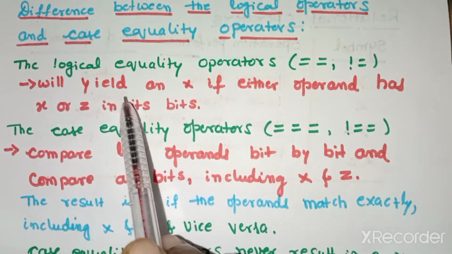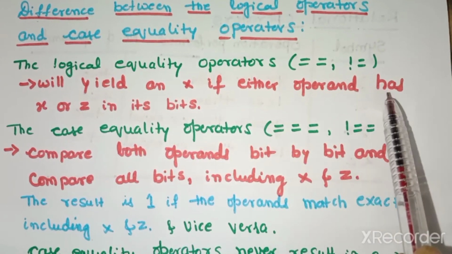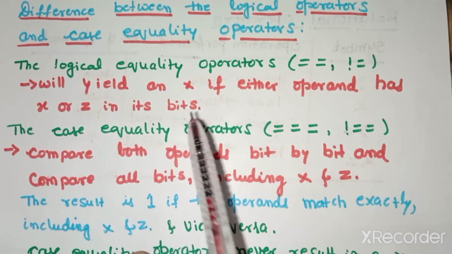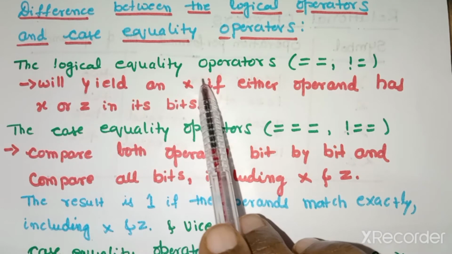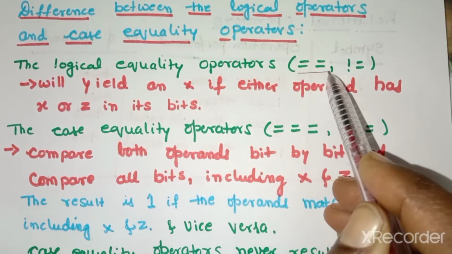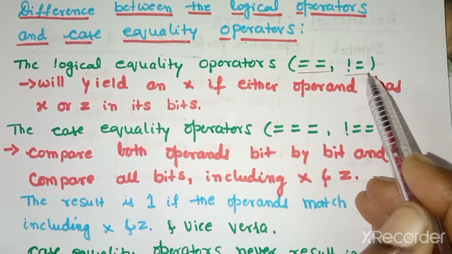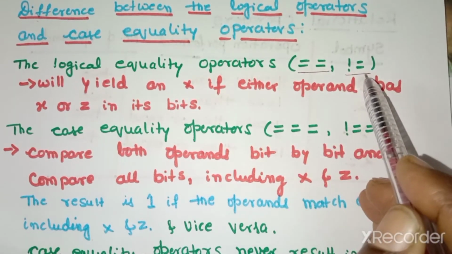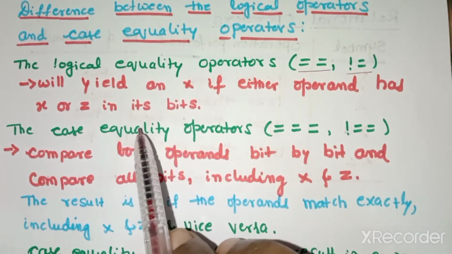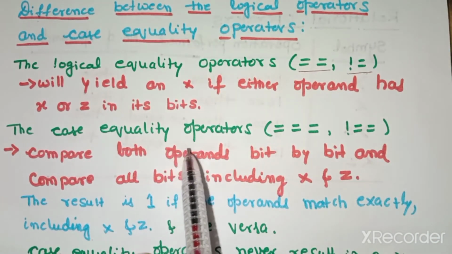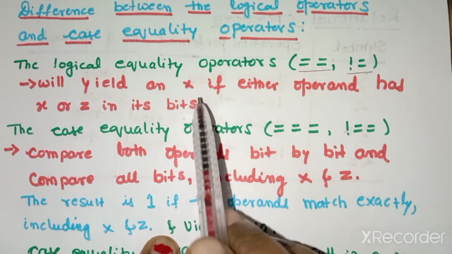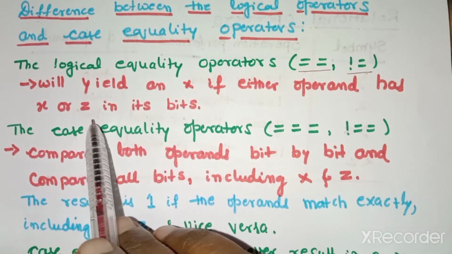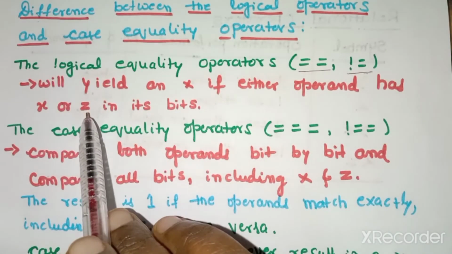The logical equality operator is going to yield an x if either operand has x or z in its bits. What is its meaning? The logical operators are nothing but the double equal to and the not symbol with equal to, that is, equal to and not equal to, correct? When you are comparing the 2 quantities and one of the quantities has x or z, then its answer is x.